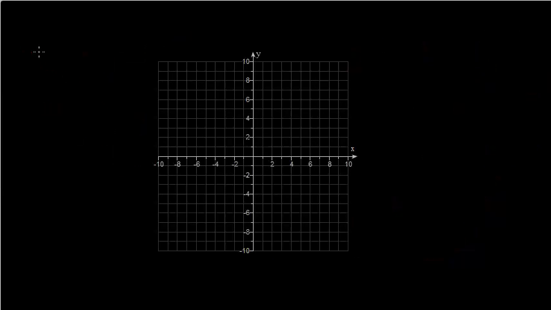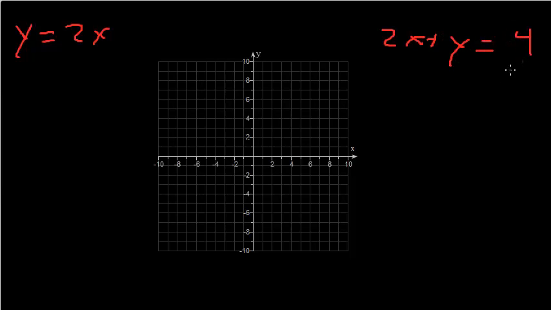Now let's try finding a solution using graphing. Let's take the two equations y equals 2x and 2x plus y is equal to 4. Now this first equation is already written in slope-intercept form, so I can leave it like that because it'll be easy to graph. This second equation I'm going to rewrite into slope-intercept form.